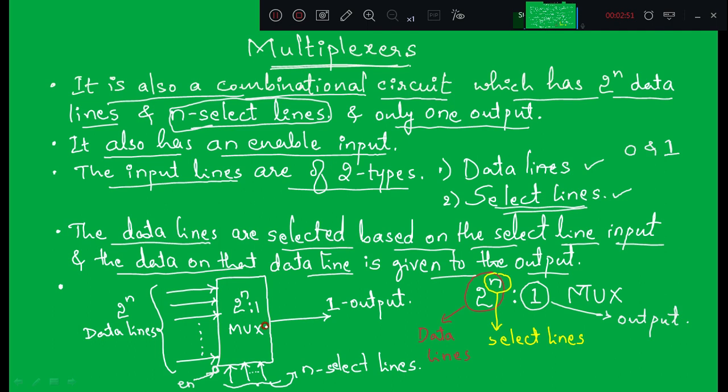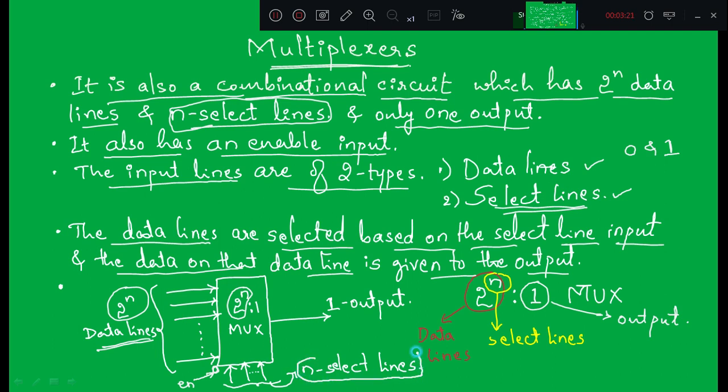So how do we write this multiplexer? As per the definition, it has 2 raised to n inputs. We call them inputs because there are two kinds of inputs here. One is called a data line, one is the select line. So we call 2 raised to n the data lines, because the data are going to be kept on these data lines, and it has a total of n select lines.